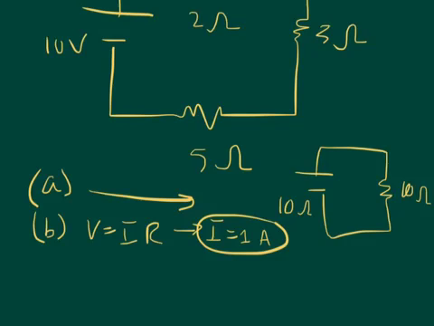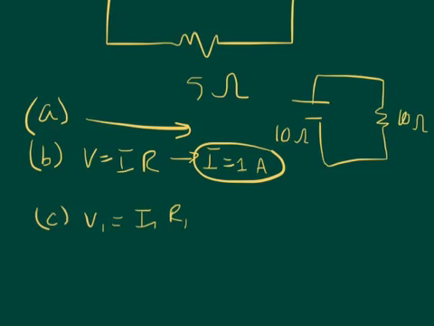So I is always going to be 1. If you want to find the voltage across the first one, you would use I1 times R1. For the second one, we did this in class, V2 equals I2 R2, V3 equals I3 R3. But the key is to remember that I is the same in all of these.